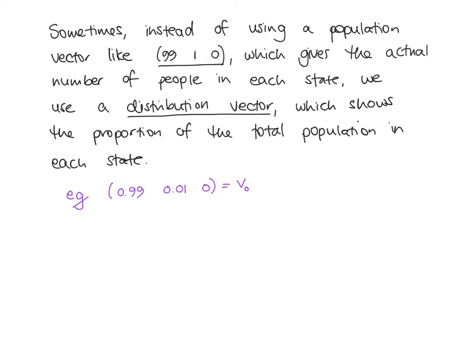But we use the distribution vector exactly like we used the population vector in the previous example. So for example, if we want to find V1, our distribution vector after 1 week, then that's going to be, again, our distribution vector times our transition matrix. So that's going to give us 0.99, 0.01, 0 times our transition matrix.